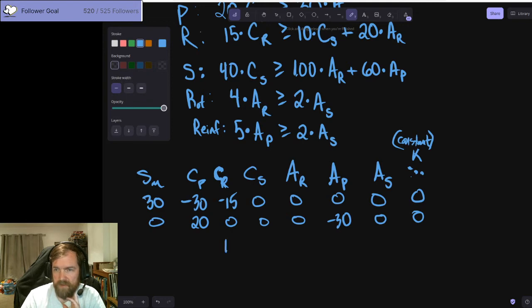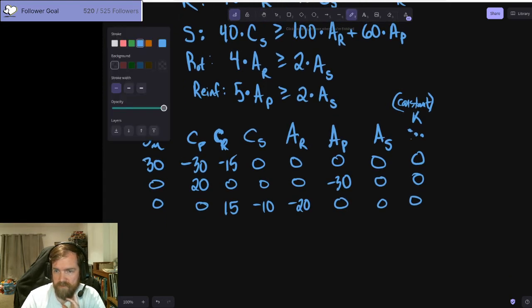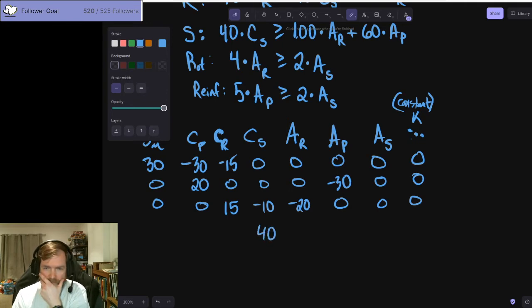Then 15 rod minus 10 screw minus 20 AR, zeros elsewhere. Screws are going to be at 40, minus 100, minus 60. Zeros elsewhere.